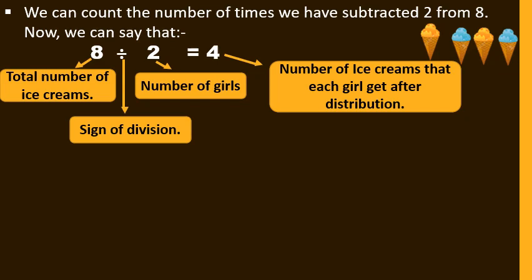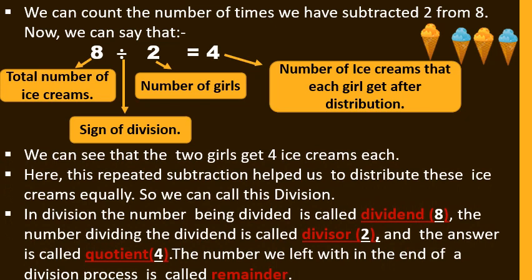Understood? So girls, we can see that the two girls get 4 ice creams each. Here, this repeated subtraction helped us to distribute these ice creams equally. So we can say this is division, right?